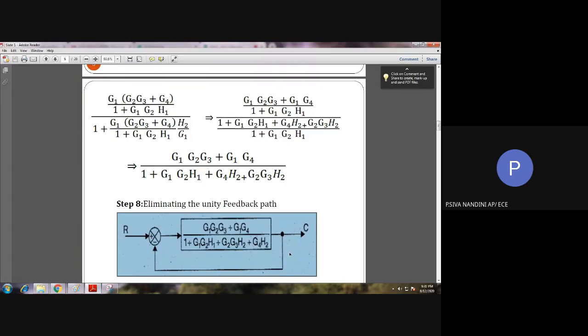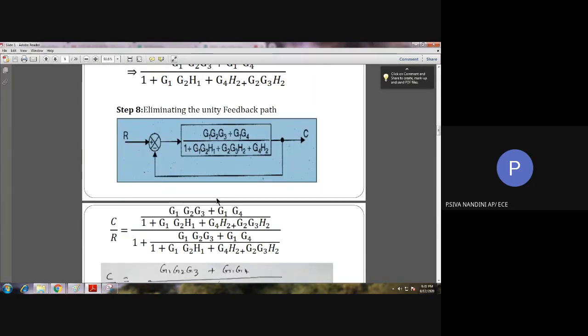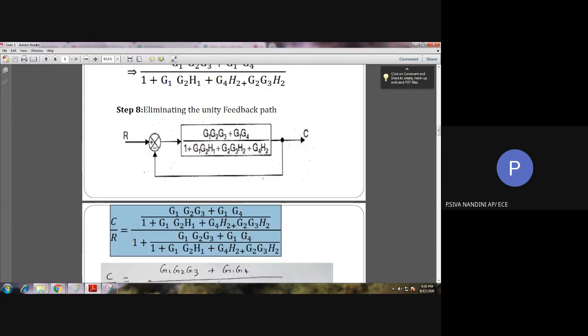See here, in this step number 8, we are having a negative feedback loop with a unity feedback. Okay. Here, in this negative feedback loop, there is no block at all. So, here the feedback path gain is considered as 1. So, in this unity feedback loop, instead of H, we are having 1, thus substituting the values in the equation obtained for negative feedback loop, that is G by 1 plus GH, we can have an equation like this.